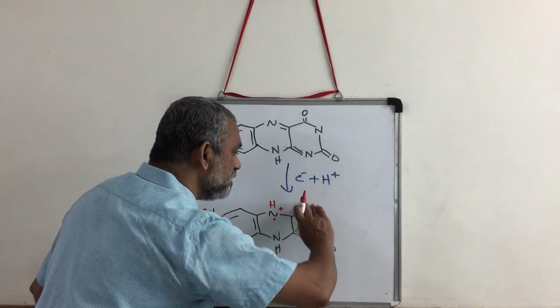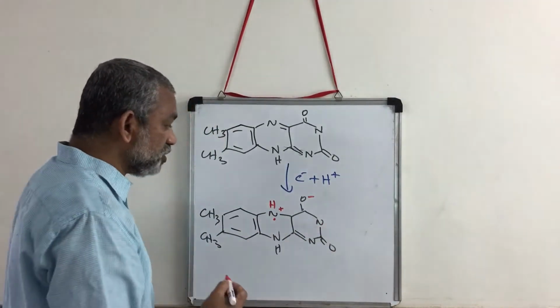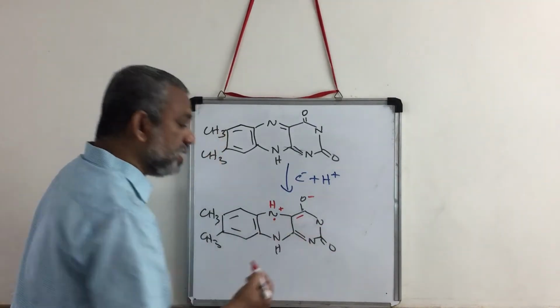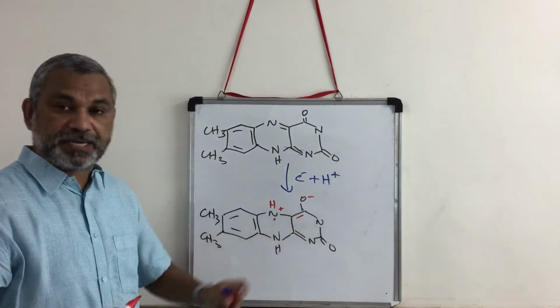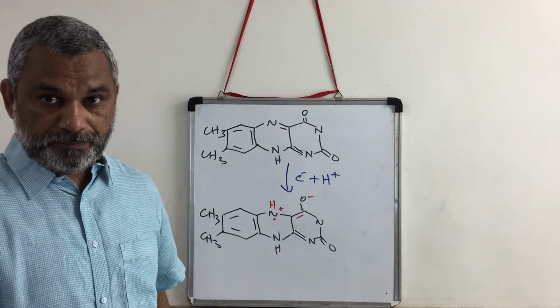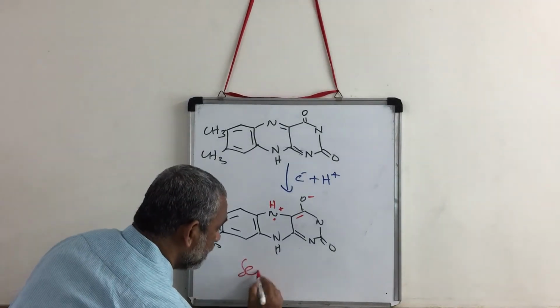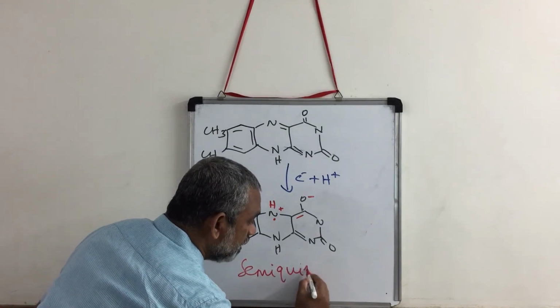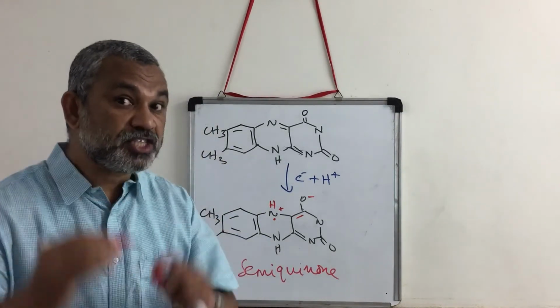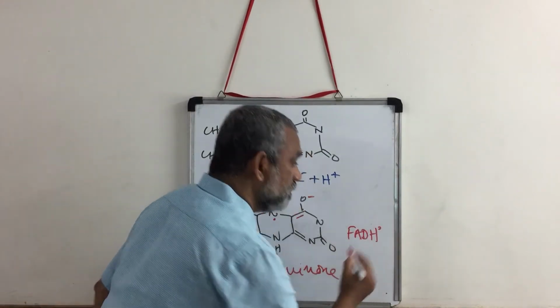There is a shift in the double bond, so the oxygen becomes negatively charged and a partial double bond develops here. This is a semiquinone form. Remember, this is half charged. In other words, it is FADH.